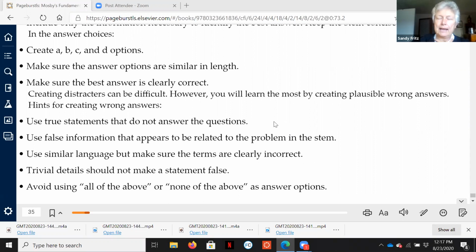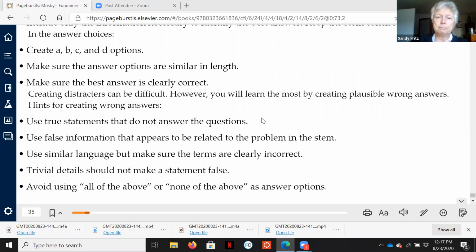So if I had had ulna, radius, clavicle, and humerus, two of those answers could have been correct. And there was information in that question, location information, that this was in the forearm.